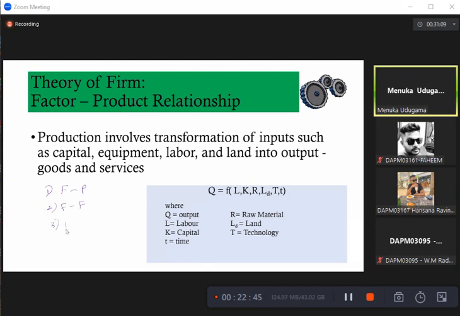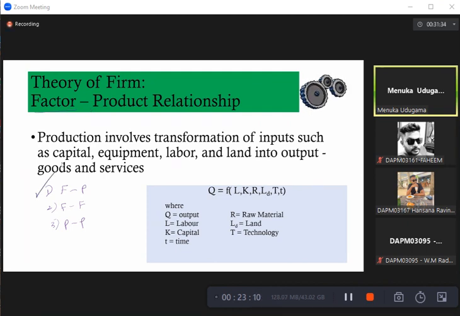Then we will look at the product-product relationship. So factors are inputs, very simply, right? Factors of production, inputs, raw material, fertilizer, water, whatever, labor, inputs. Factors are inputs, then products are outputs. So we will look at input-output relationship, and then we will look at input-input, then output-output relationship.